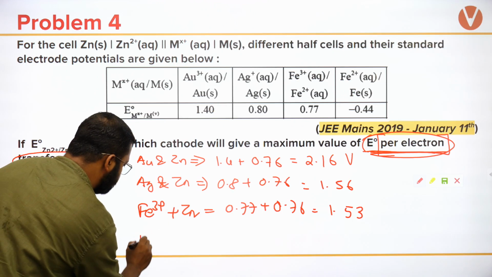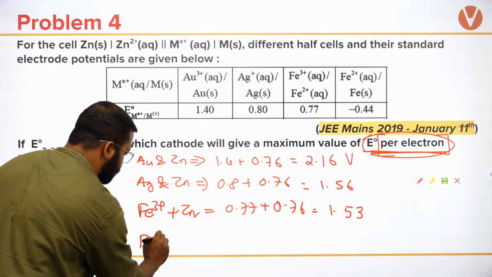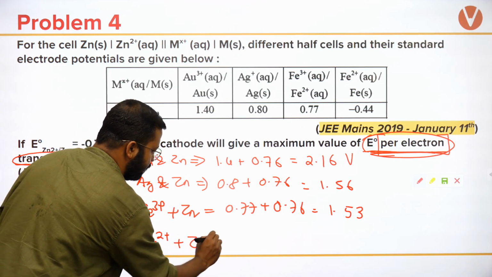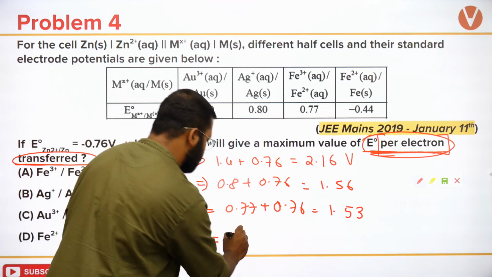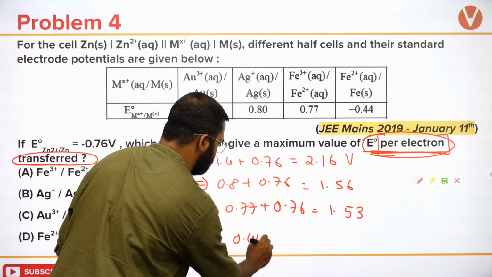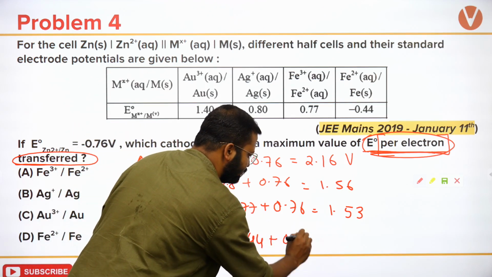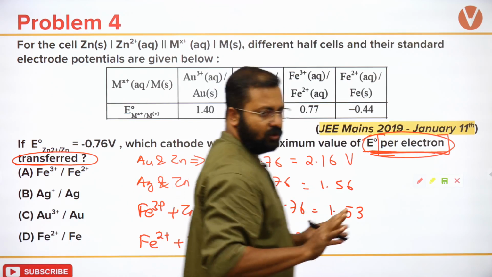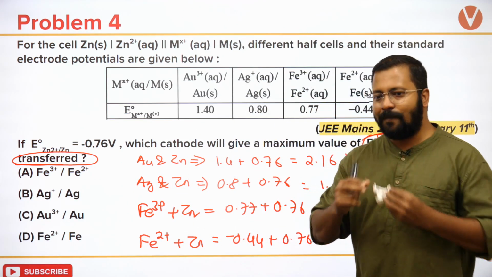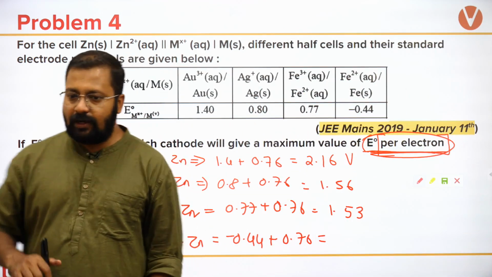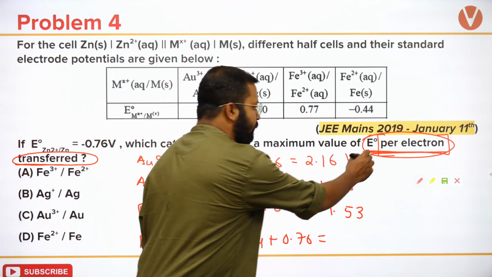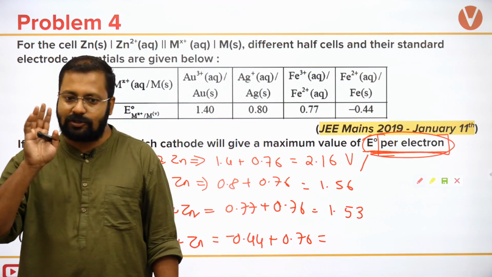And Fe2 plus with zinc is obviously going to be very, very small. So a lot of people will divide it by the number of electrons transferred, which should not be done.